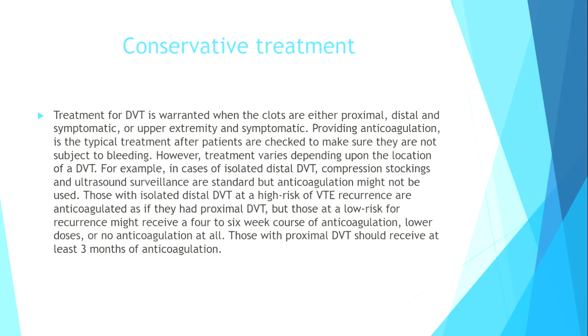So, conservative treatment. Treatment for deep vein thrombosis is warranted when the clots are either proximal, distal and symptomatic, or upper extremity and symptomatic. Providing anticoagulation is the typical treatment after patients are checked to make sure they are not subject to bleeding. However, treatment varies depending upon the location of deep vein thrombosis.